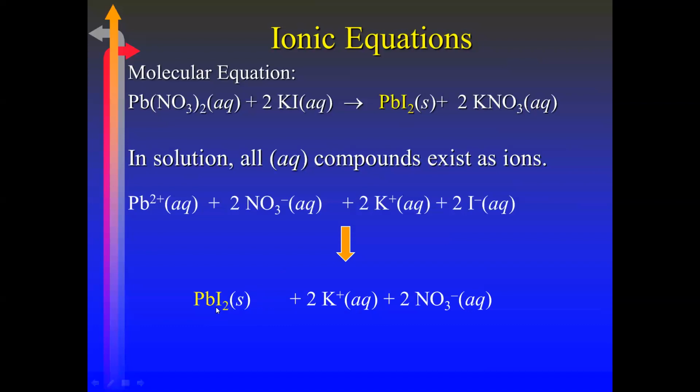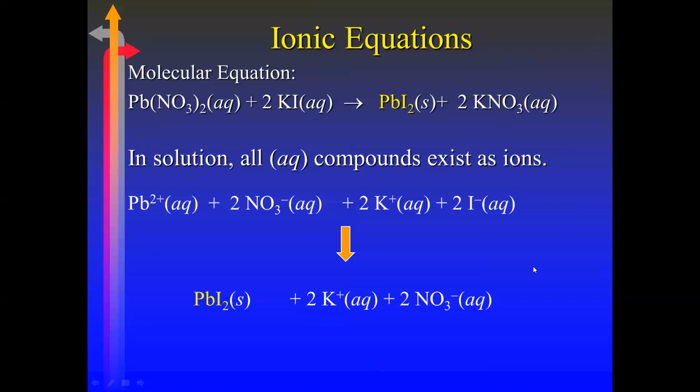It stays in the solid form, like the precipitate that we said, so it will not dissociate into ions in solution. So keep it as it is. And this one, again, we end up with (aq) because it is soluble in water and so can dissociate into the 2 potassium ions and 2 nitrate ions.